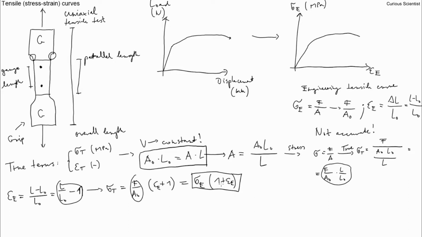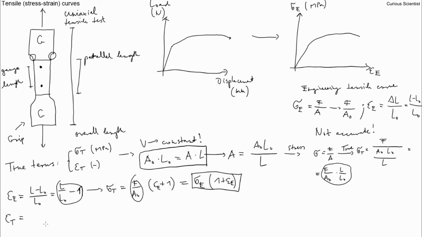So from the engineering strain and the engineering stress, you can calculate the true stress as well. And then we have to get the true strain. That's maybe a little bit more complicated, but it's not that much complicated.